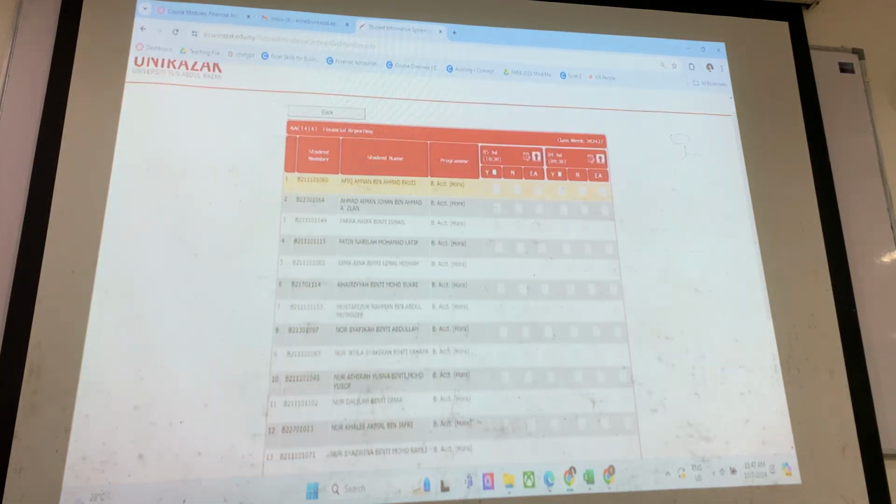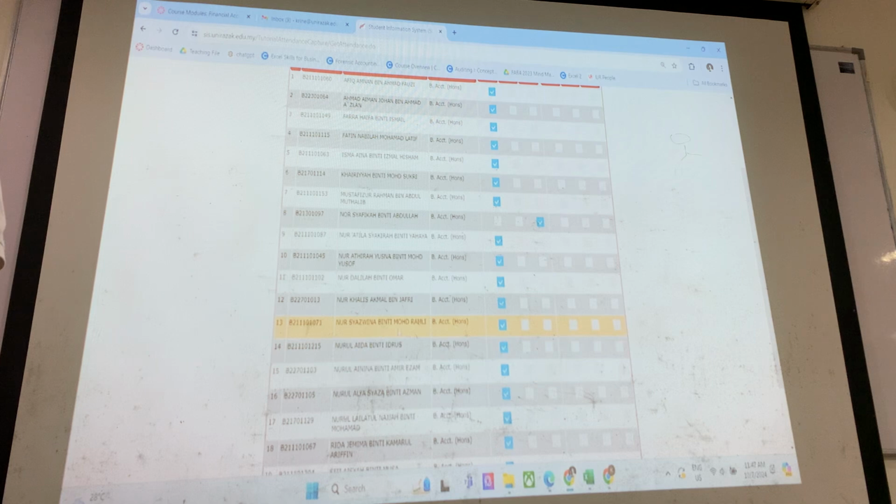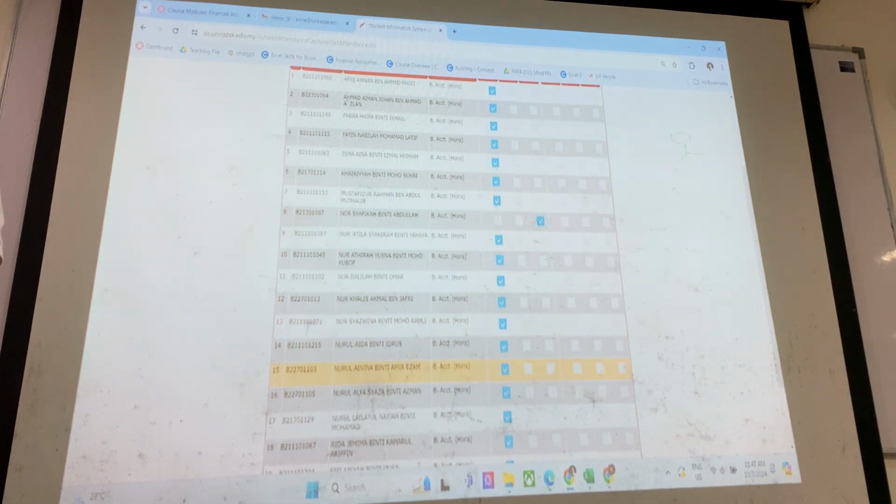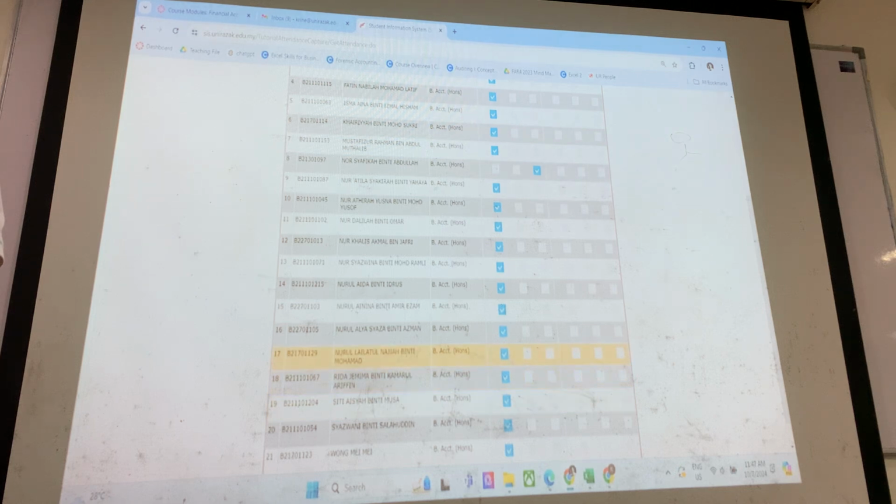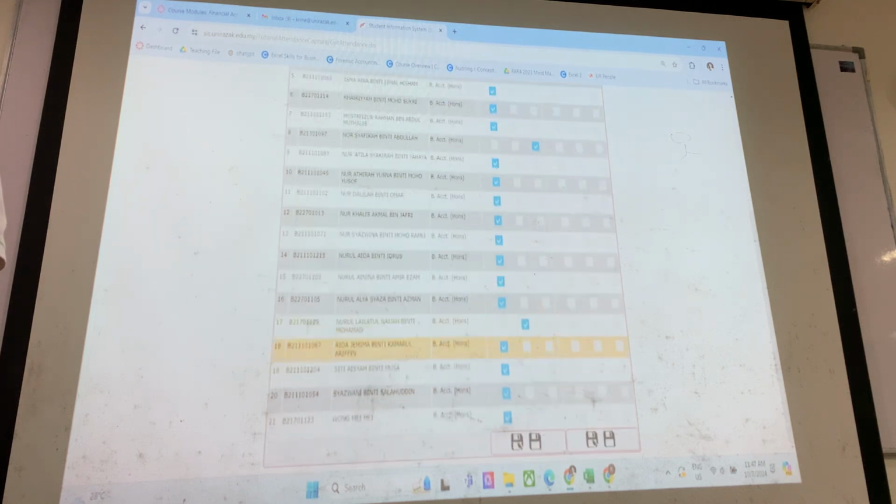Okay. Afiq, Aiman, Farah, Fatin, Isma, Karya, Mus, Shafika not here. Atila, Atira, Dalila, Kalish. I finally remember your name already. Rina, Aida, Ainina, Aulia, Laila not here. Rida, Aisha, Shaswani, and Mimi.